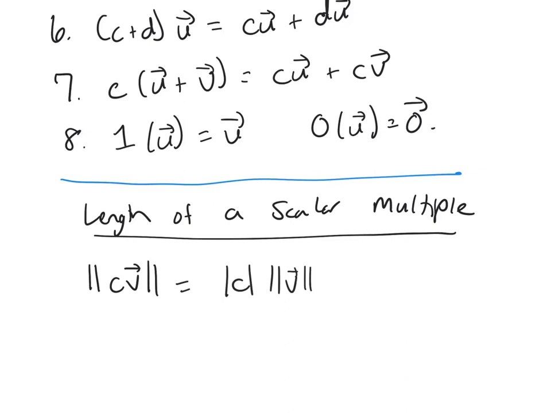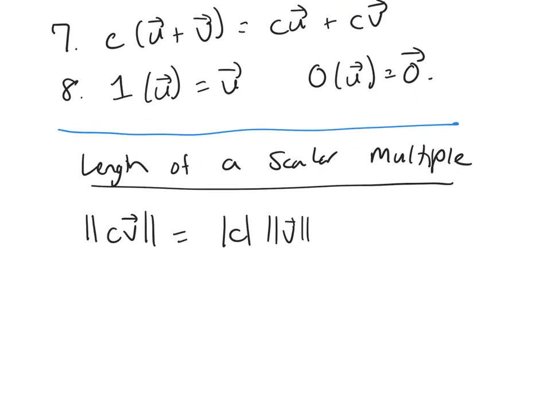So remember when I said scalar multiples are a way of stretching or shrinking? That's essentially what this statement is saying. It either stretches out the vector or it shrinks the vector.